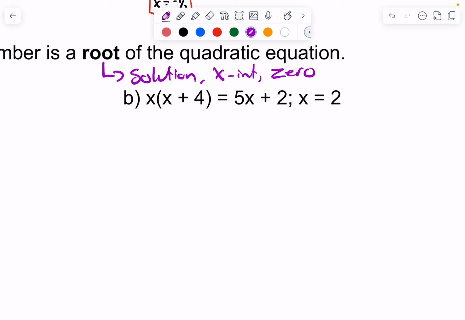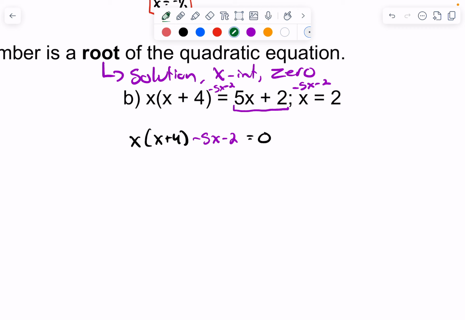So here we have a 5x and a plus 2. So let's take away a 5x and take away a 2 from both sides. You'll be left with x plus 4 minus 5x minus 2 equals 0.